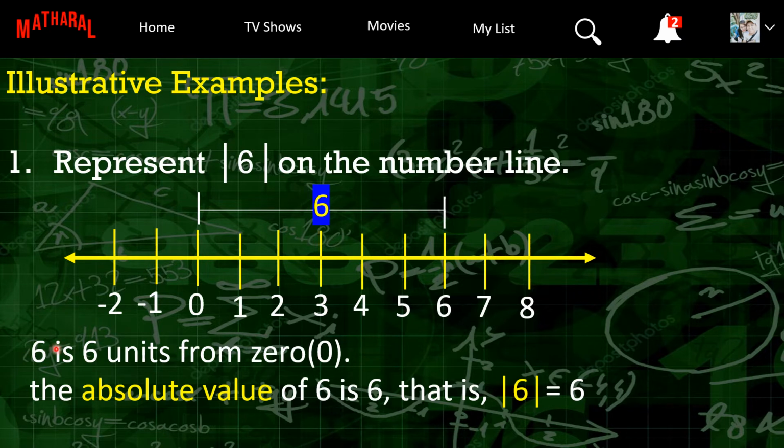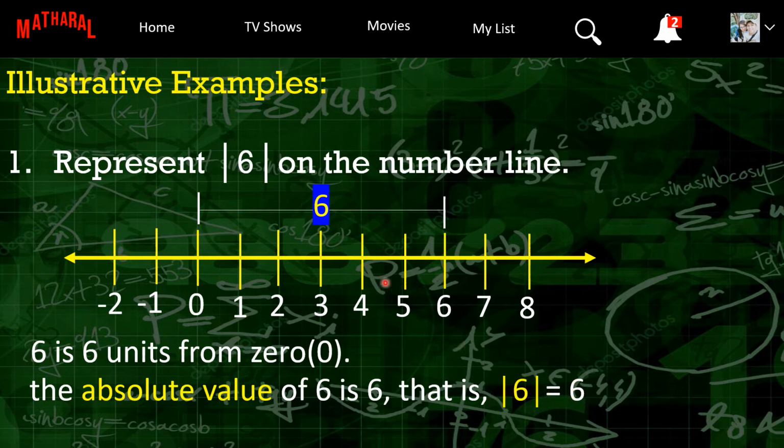So, it says here, 6 is 6 units from 0. Totoo naman po, nung binilang po natin siya, it is 6 units. Thus, the absolute value of 6 is 6. In symbol, that is, the absolute value of 6, or the absolute value of positive 6, is equal to 6.